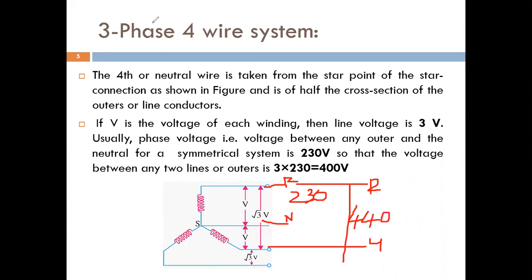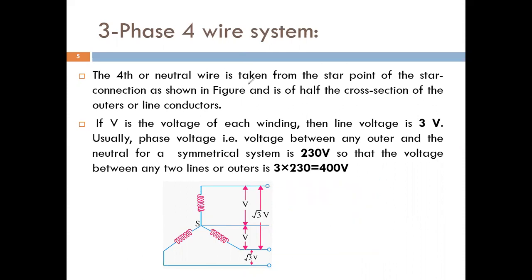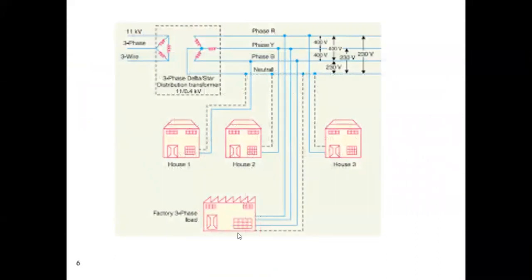These are the three phase supplies, so the three phase four wire system is used as a three phase distribution system as well as a single phase distribution system. In a secondary distribution system, this is a residential system. Three phase four wire systems are used to distribute single phase as well as three phase supplies.